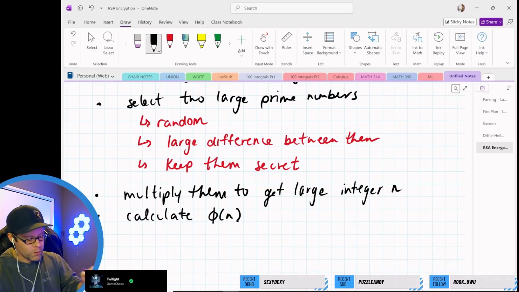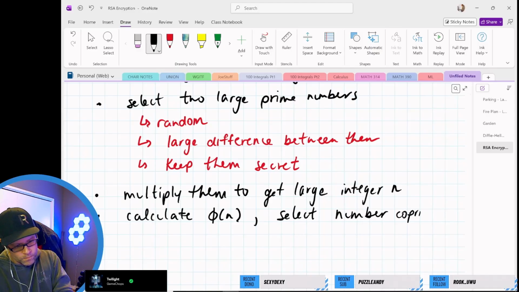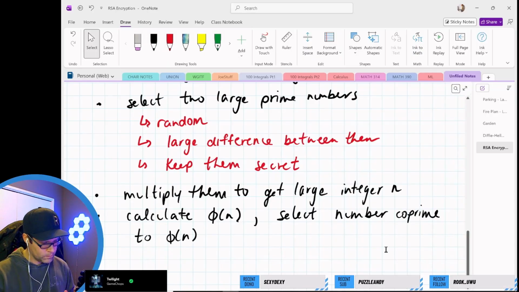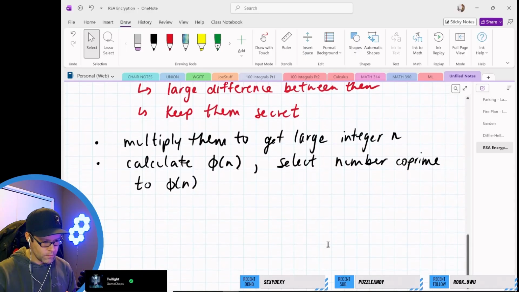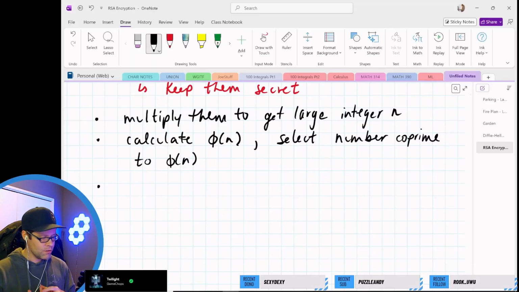Once we have phi of n, we're going to select a number that is co-prime to phi of n. And then the last step to get everything initialized is to find the inverse of that co-prime number that we've selected.